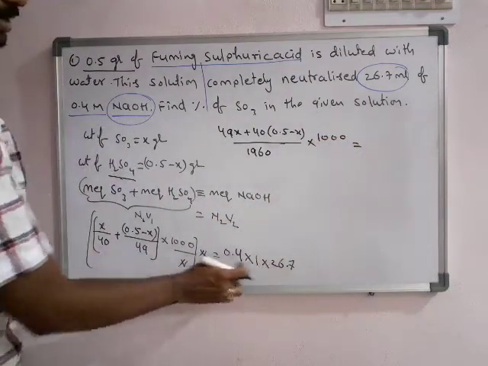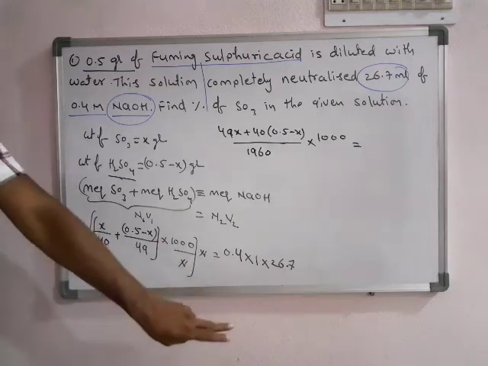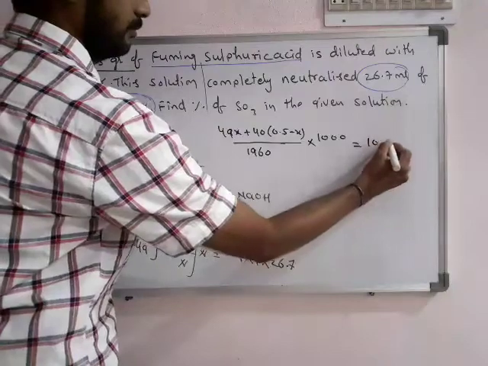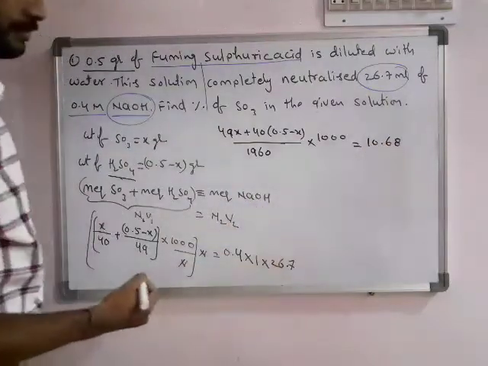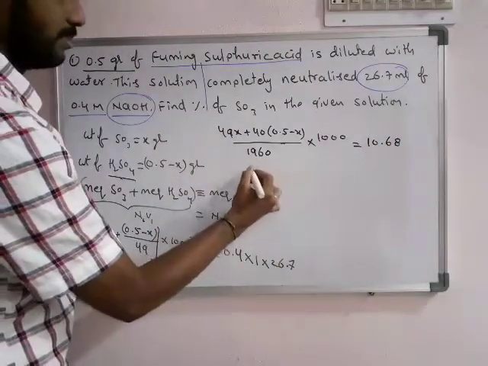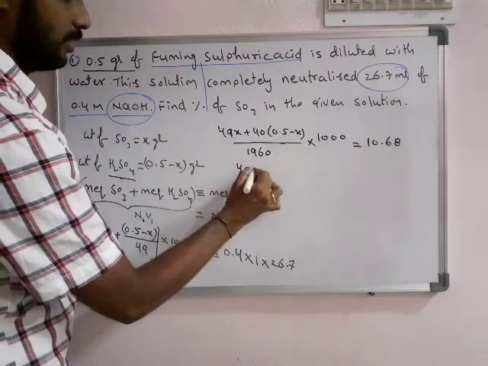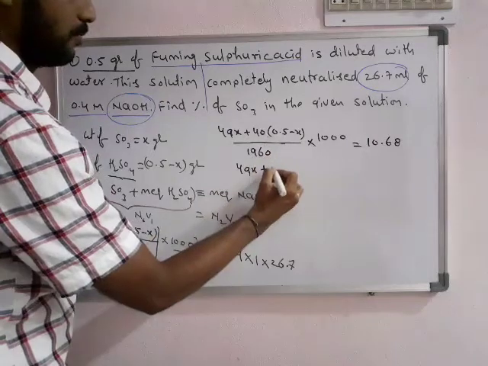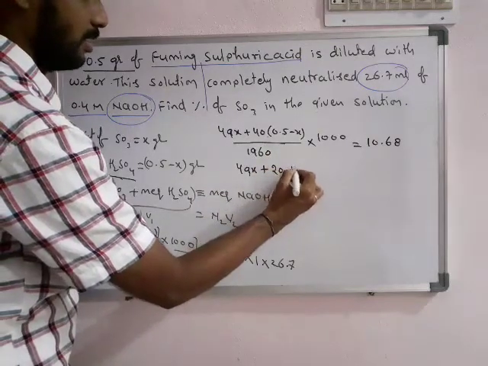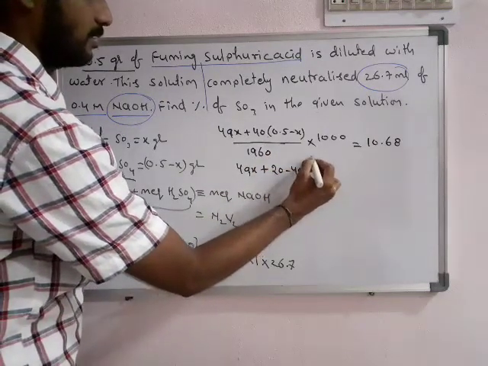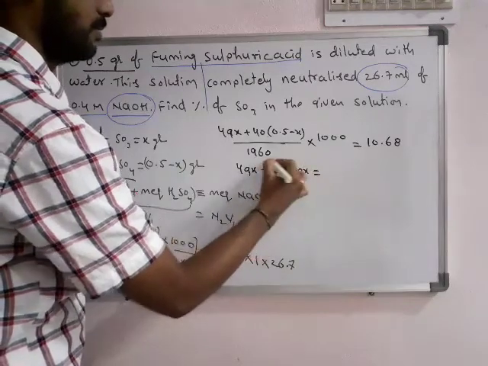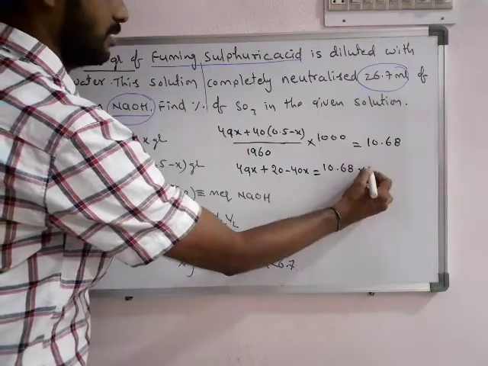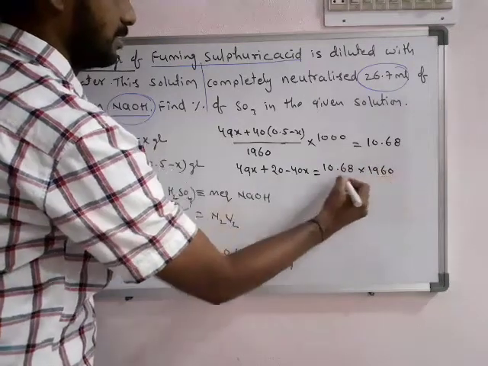Here 26.7 into 0.4, approximately we will get 10.68. So by simplification, 49x plus 20 minus 40x equals 10.68 into 1960.